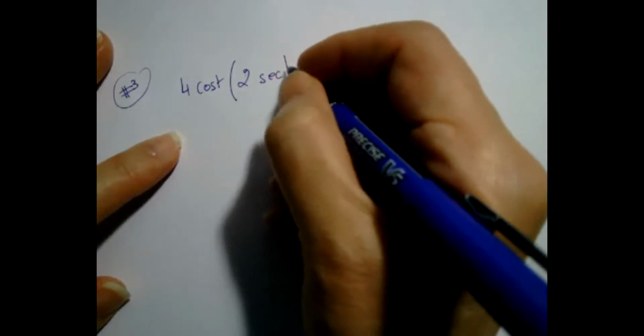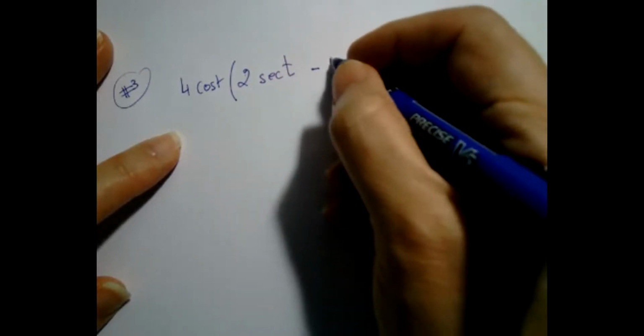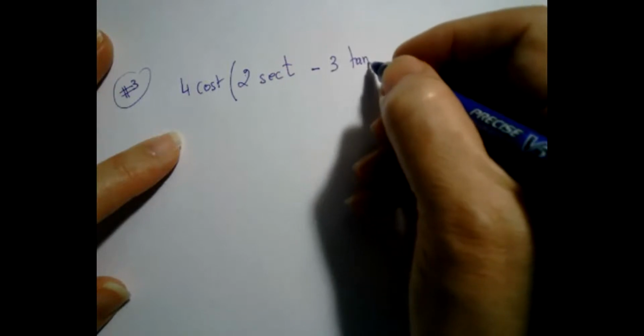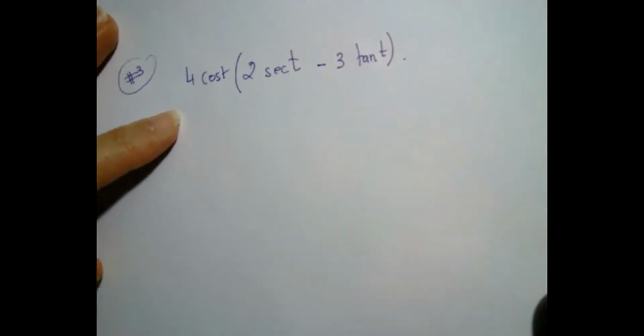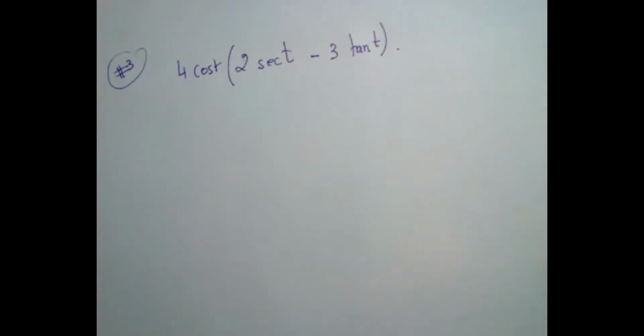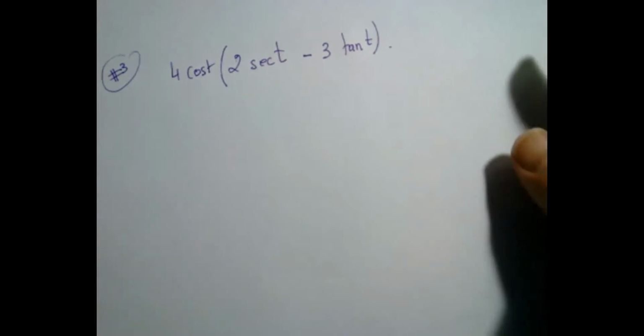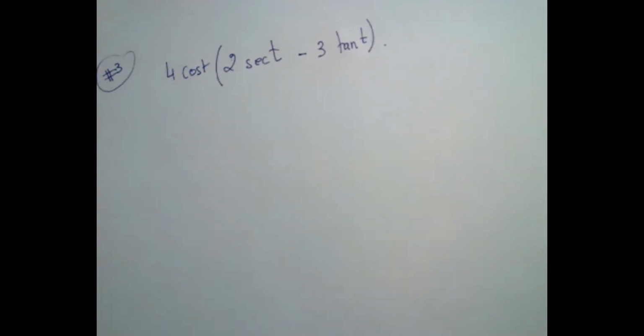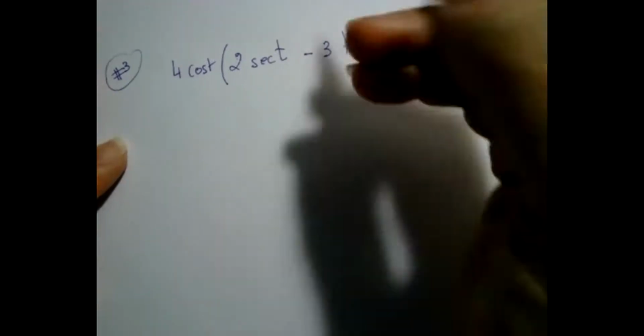I gave you the following expression, minus 3 tangent t. And the question was, express everything in terms of sine and cosine. So I want you to manipulate it to express in terms of sine and cosine.